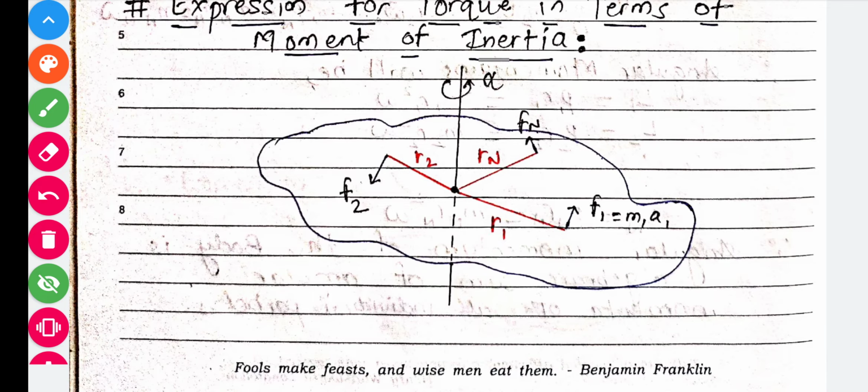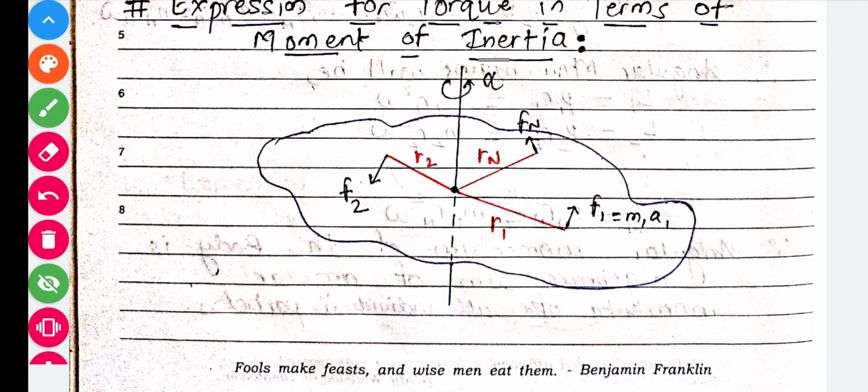So this body is rotating with constant angular acceleration, means there is an acceleration, means the body will perform circular motion, but which is not uniform circular motion. But all the particles here will have the same angular acceleration.